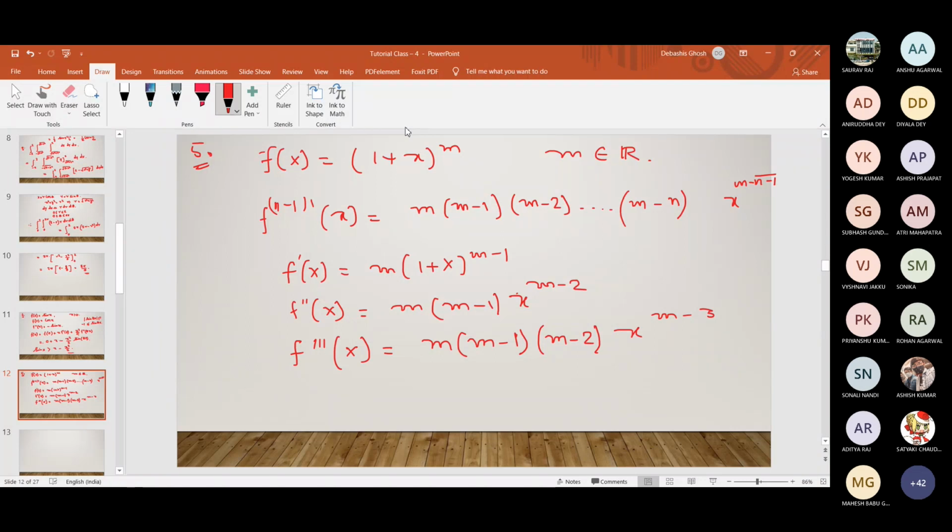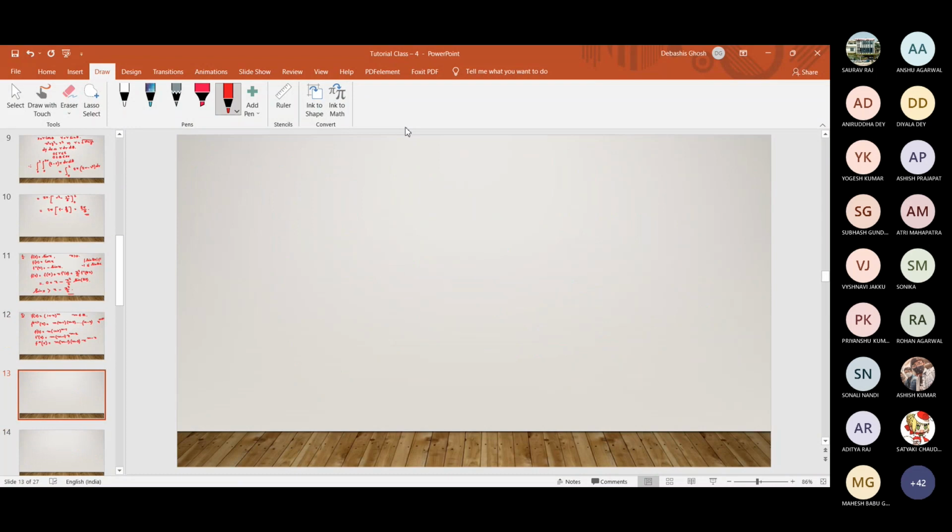Now we have to find out Cauchy's remainder. So Cauchy's remainder has its form. Let's write Cauchy's remainder.